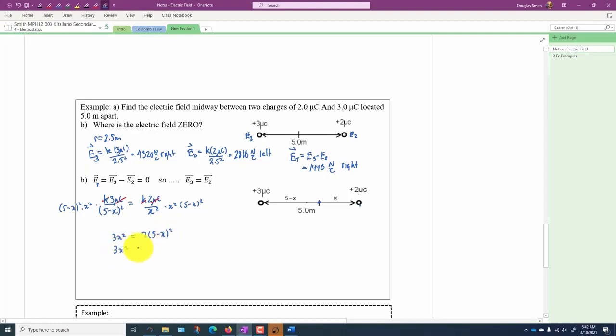So it's 3x squared equals 2 times, I guess I'll expand it, 25 minus 10x plus x squared. So 3x squared is equal to 50 minus 20x plus 2x squared. And I'll subtract 3x squared from both sides, so I get 0 is equal to 2x squared minus 23x plus 50.